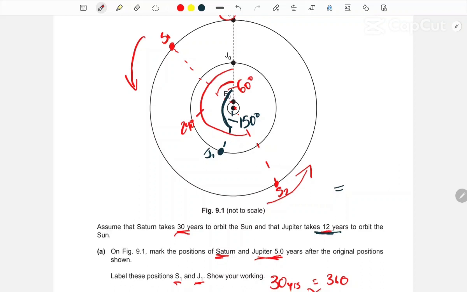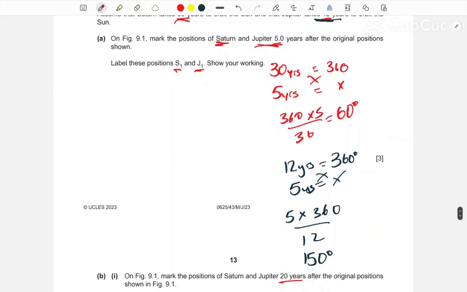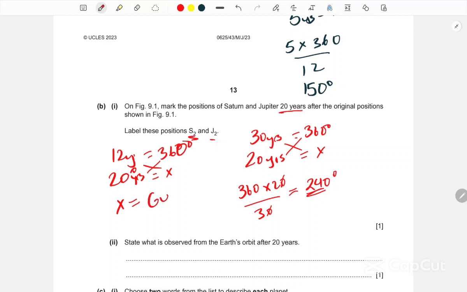That's for S2. And then for Jupiter, we know that Jupiter takes 12 years to do 360 degrees. And then in 20 years, it would do x. So we do cross multiplication, and then x would be 600 degrees. So obviously this is a circle and the maximum is 360.